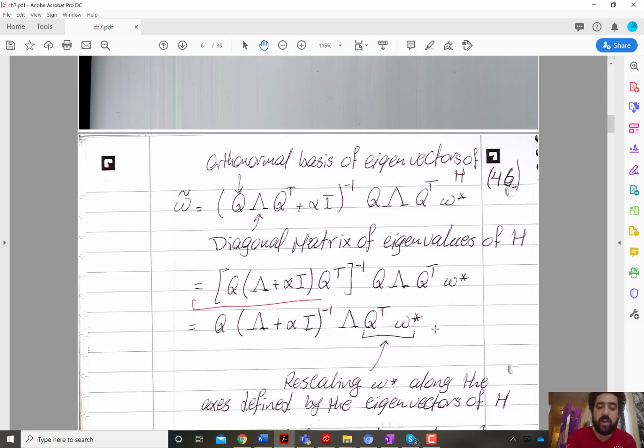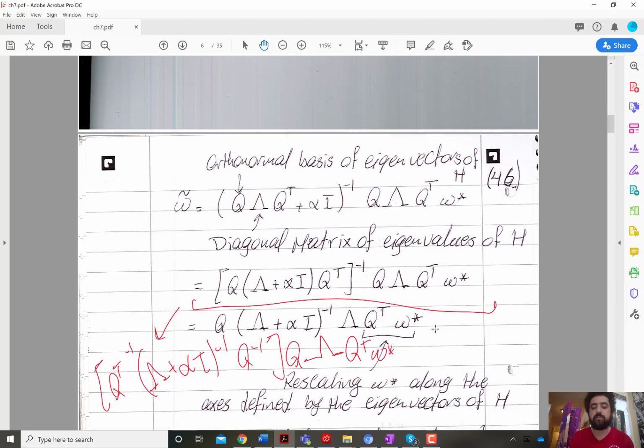So just to elaborate, this step can be written as Q transpose inverse, lambda plus alpha I inverse, Q inverse, and then Q lambda Q transpose omega star.